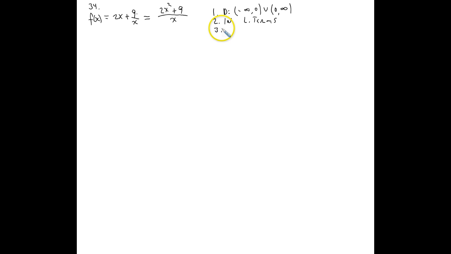We're going to go ahead and figure out what, since f of 0 for a y-intercept does not exist, we're going to say no y-intercept. Okay? And what we're doing is we're solving for when it is 0.